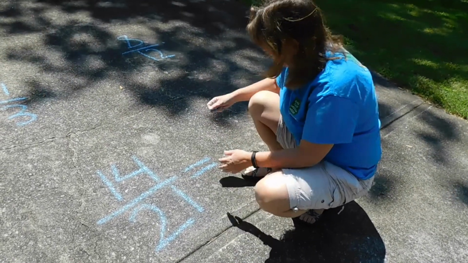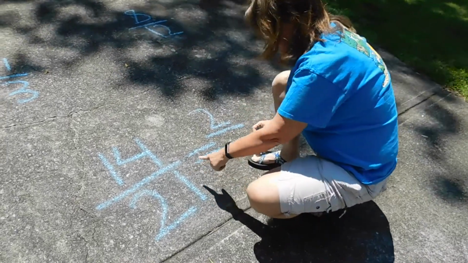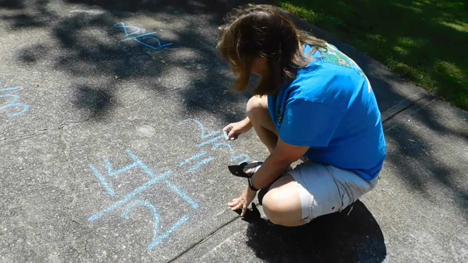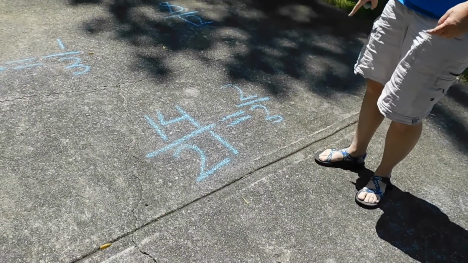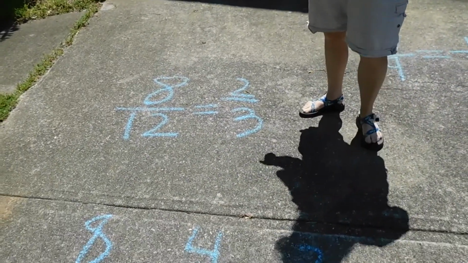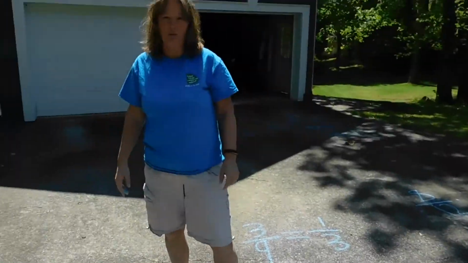So 14 divided by 7 is 2, and 21 divided by 7 is 3. It's kind of weird to think, but 14/21 equals 2/3, and 8/12 equals 2/3, so 8/12 and 14/21 are actually the very same amount.